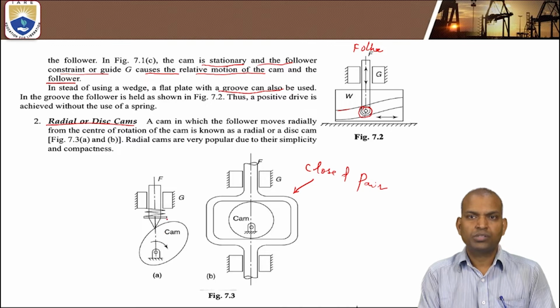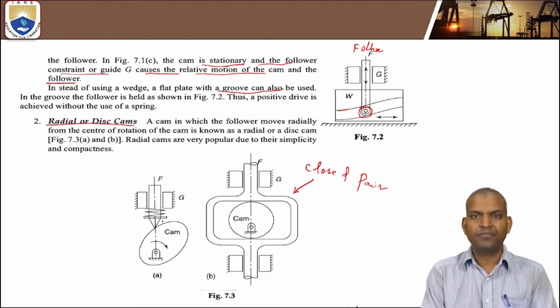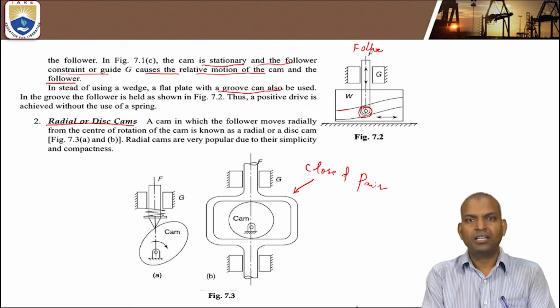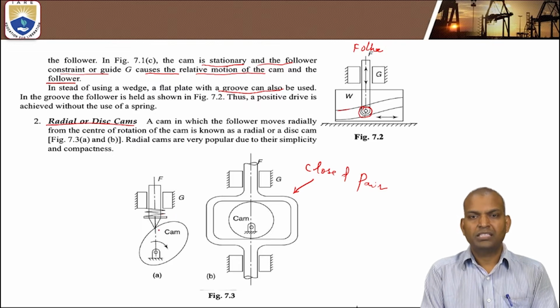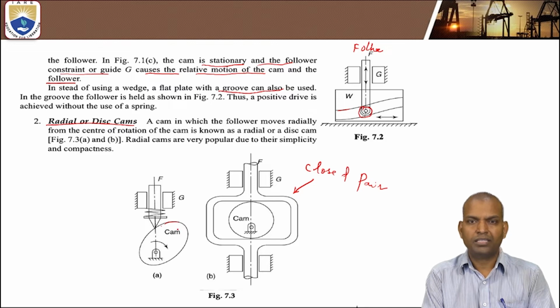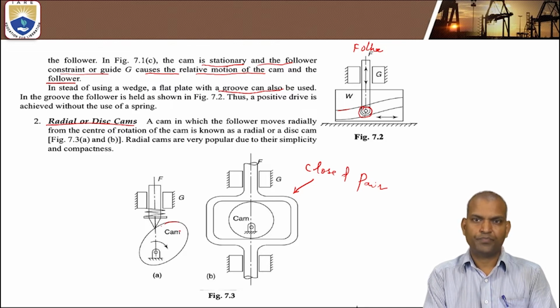A cam in which the follower moves radially from the center of rotation of the cam is known as a radial cam or a disc cam. What are the shapes of radial cams? It can be an elliptical shape or oval shape, or it can be a circular shape.